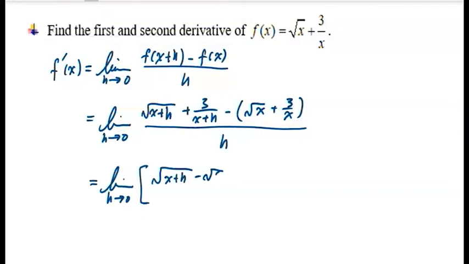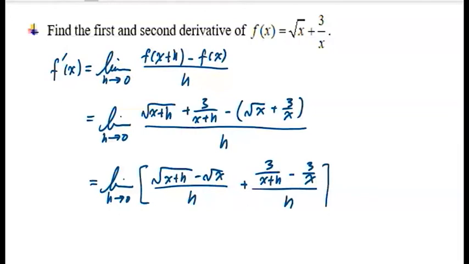Oh, it was plus. You get it? Too much algebra? I just separated the two. Now we can do this separately.